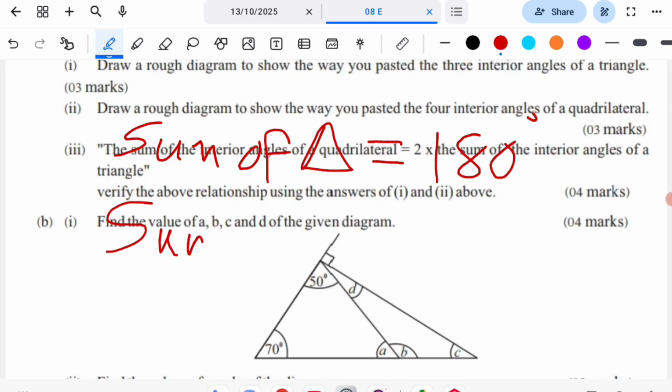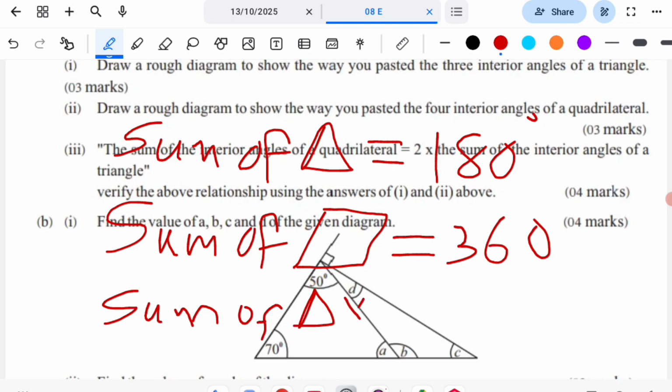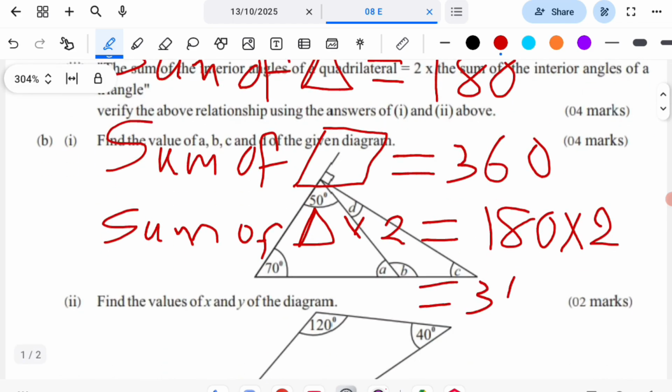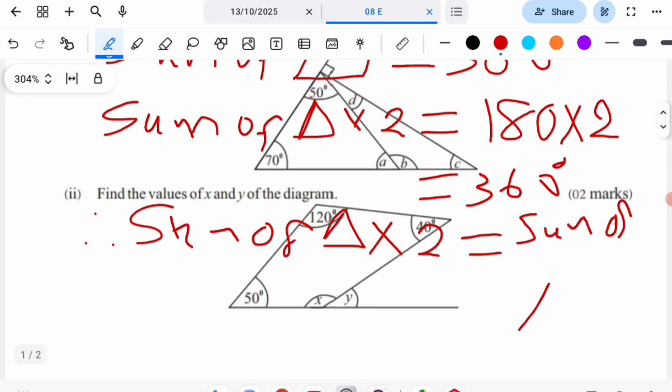The sum of interior angles of a quadrilateral is 360 degrees, and we can multiply the sum of interior angles of a triangle by 2. Then we obtain 180 multiplied by 2, which is 360 degrees. Therefore, the sum of interior angles of a triangle times 2 equals the sum of interior angles of a quadrilateral.